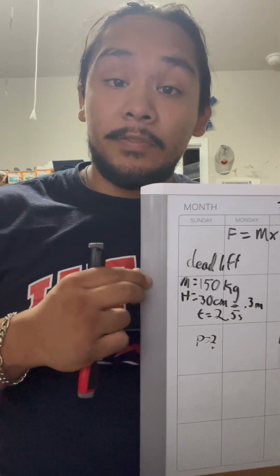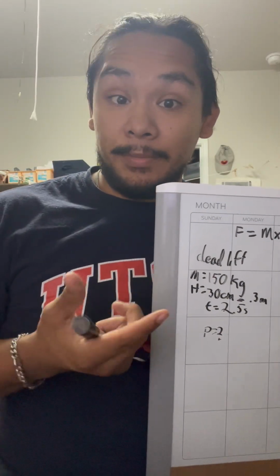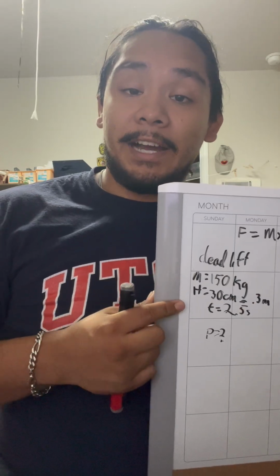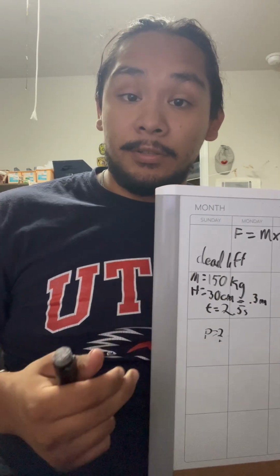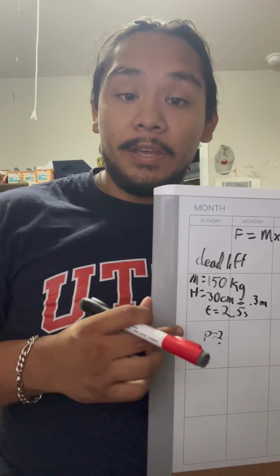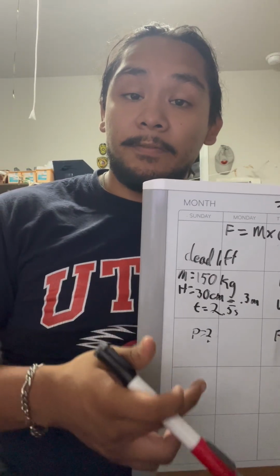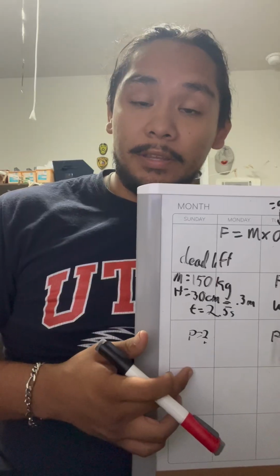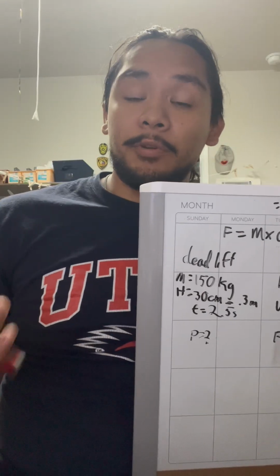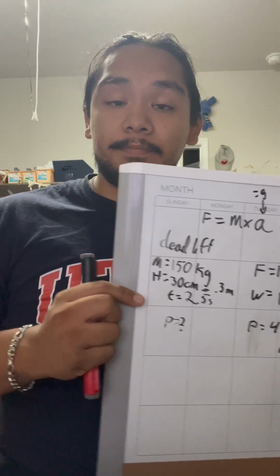First, a deadlift of 150 kilograms, which is our mass in this case, from a height of 0.3 meters or 30 centimeters, in a time interval of 2.5 seconds, and we were asked to calculate what the power is.